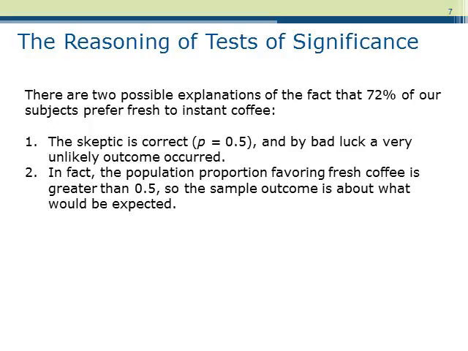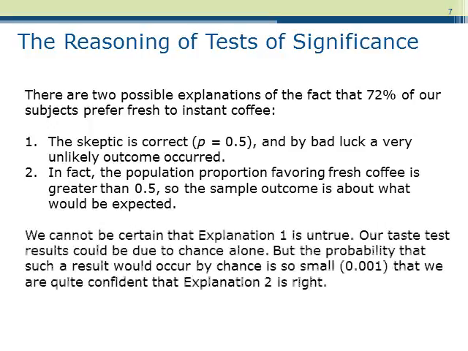The second is that the population proportion favoring fresh coffee is actually greater than 0.5, so the sample outcome is about what we would expect to observe. Now we cannot be certain that explanation 1 is untrue. Our taste test results could be due to chance alone, but the probability that such a result would occur by chance is so small that we are confident that explanation 2 is correct.